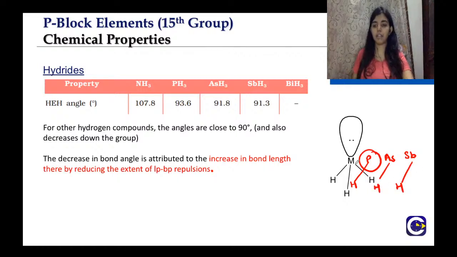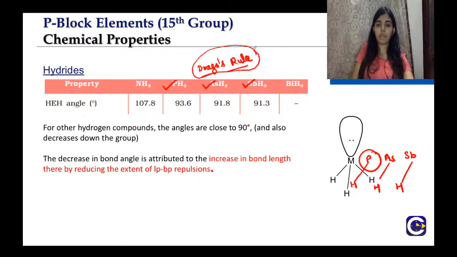So because of the longer bond length, they are having less bond pair lone pair repulsion down the group. Okay, so you can apply Drago's rule to phosphine, arsine and stibine, right? So for such compounds, the angles are close to 90 degree.